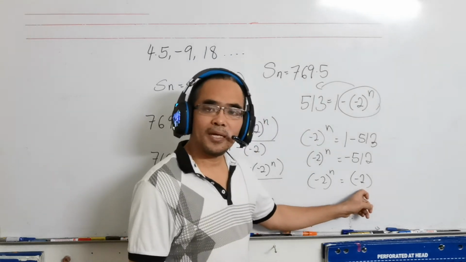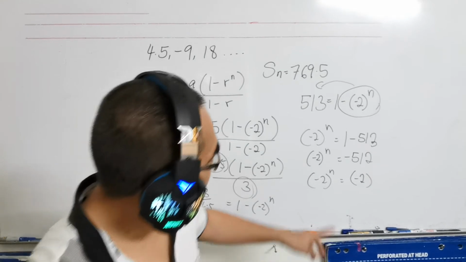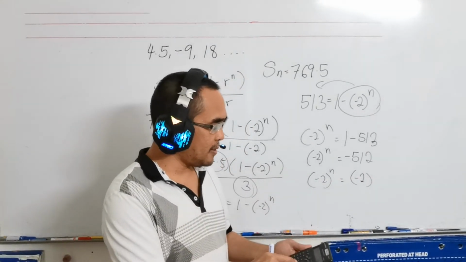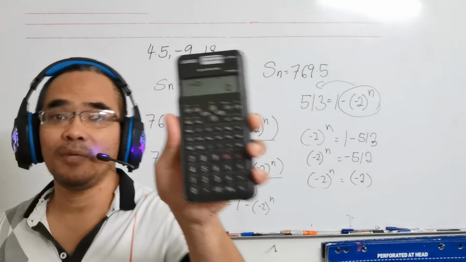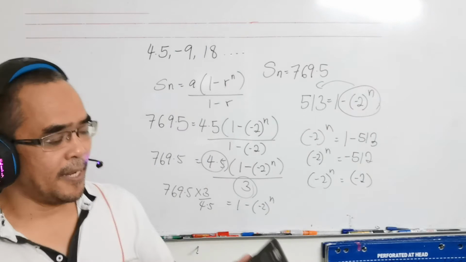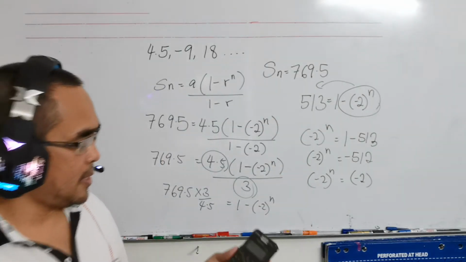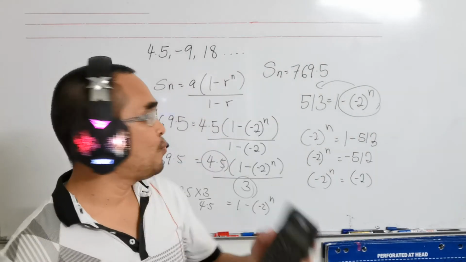you press calculator, you just try one by one. That is negative 2 to the power of whatever number that you like, that you can try. Negative 2. Make sure it's negative 2 inside the bracket. And then to the power of. For example, you try power of 8 is 256.